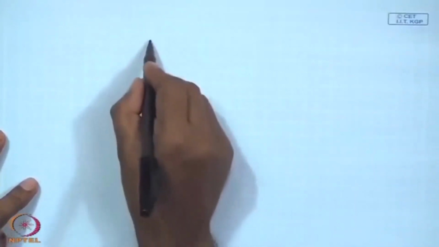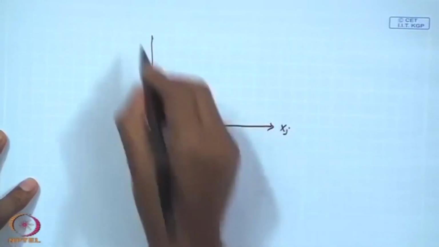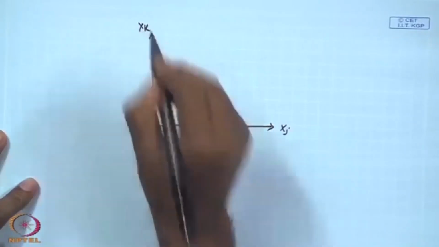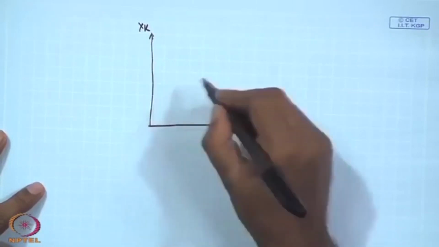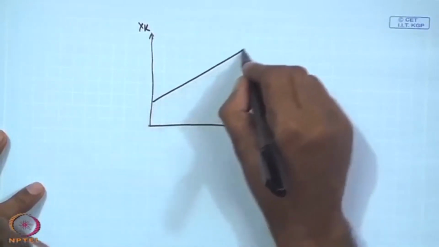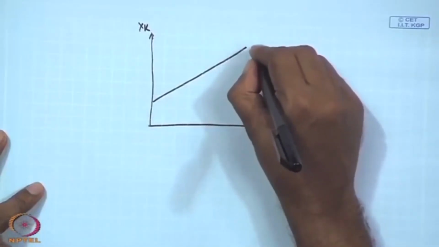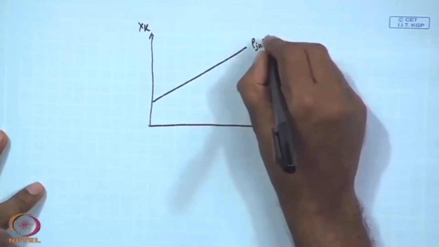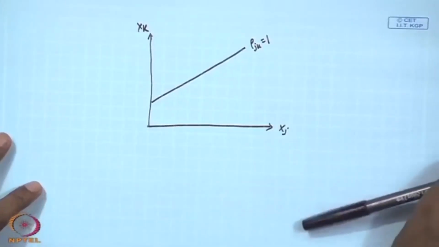And if you draw this, suppose you have two variables, xj on this side and xk on this side, and you draw a scatter plot for positive correlation, you may get something like this, that is rho jk equal to 1. Okay.